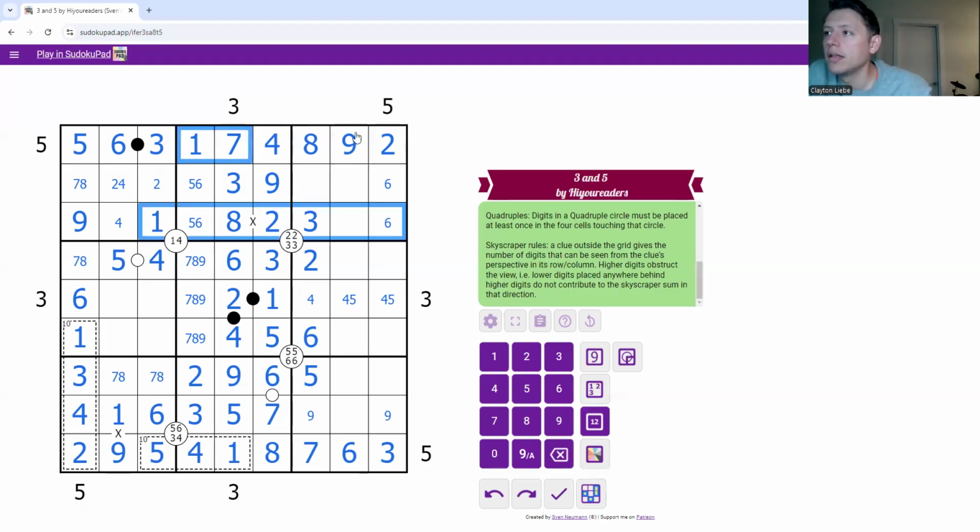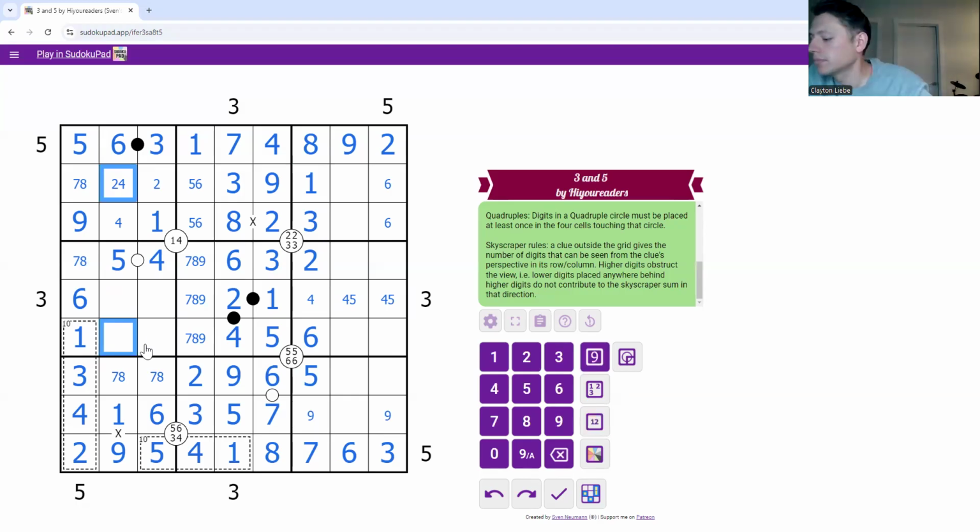At first glance, 3 positions. But where do you put a 1 in this row? Well, you don't put it here because of this one. You don't put it here because of this one. This is a 1. And then where now? We could put a 2 in a couple places.